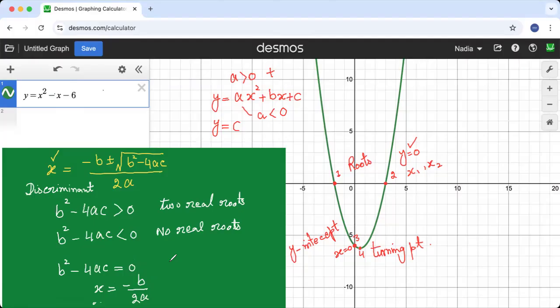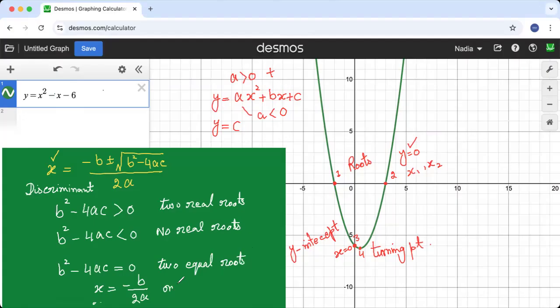As I told you in the beginning, when we move our parabola up, the parabola will be touching the x-axis at only one single point, meaning that these two roots actually moved toward each other, and at the end they connected with each other. So that is why we can also say that there are two equal roots, meaning both roots are equal to each other.